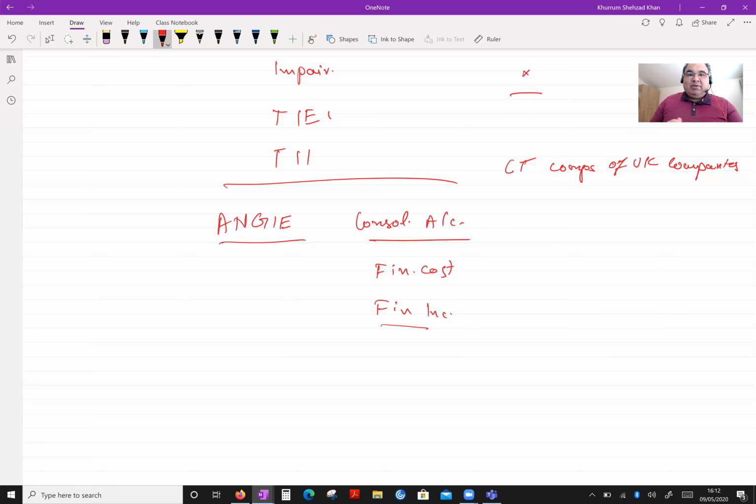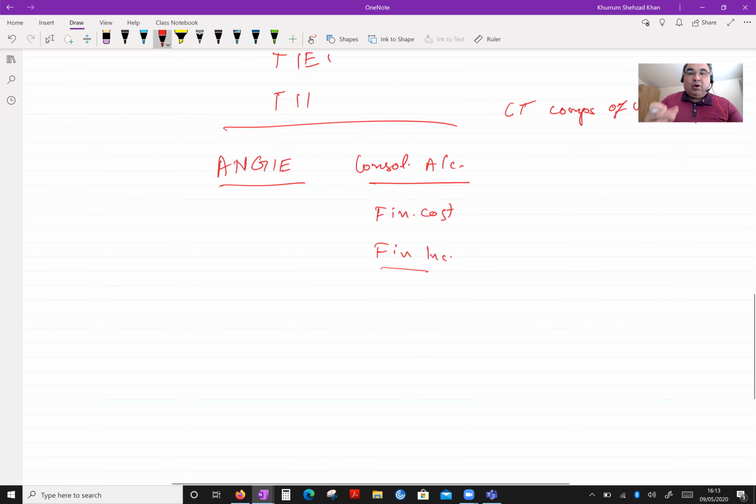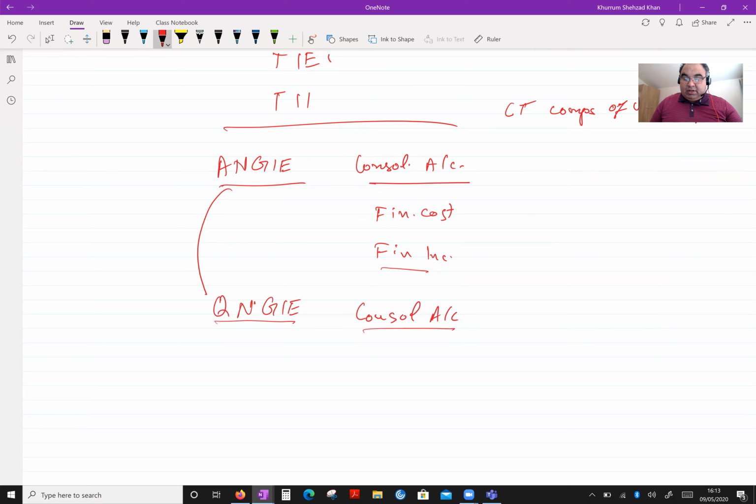Sometime I will give a full lecture on what the key adjustments in NG are. But at the moment, I think that's more than enough to understand how to calculate NG. Now, what is QNGIE? Qualifying net group interest expense. QNGIE is derived from NG. Again, you are looking at consolidated accounts, first of all a group-wide consolidated account.